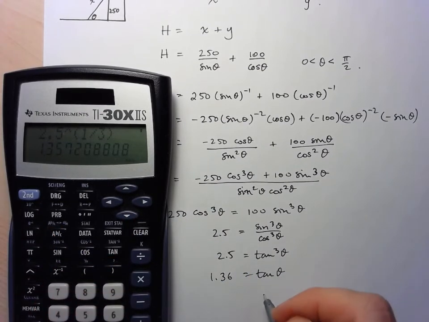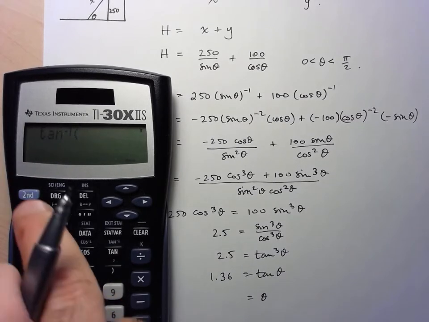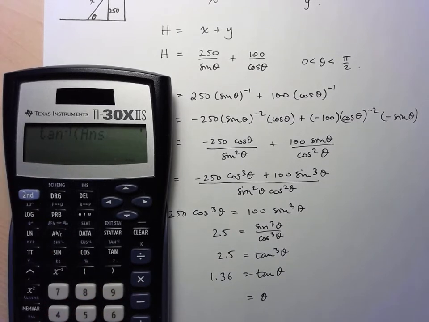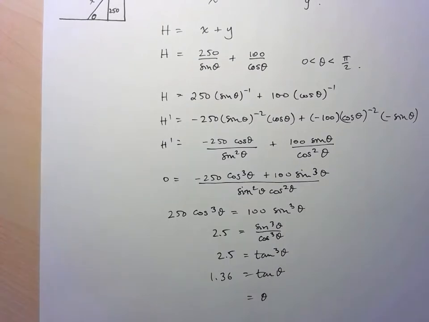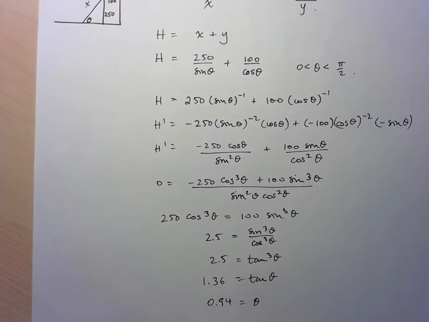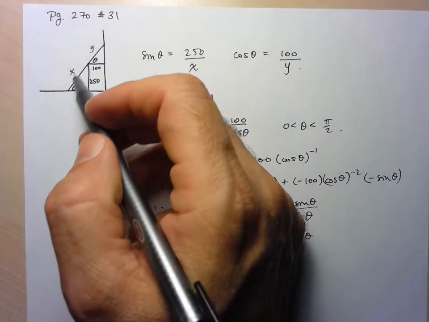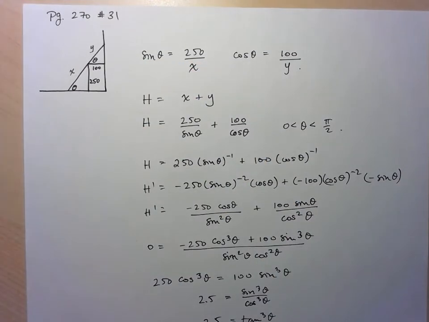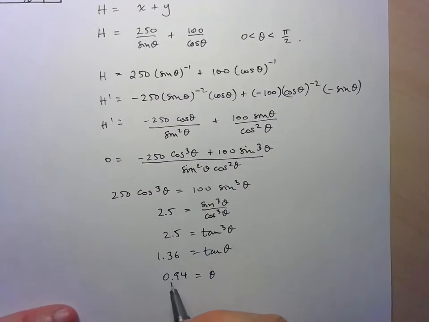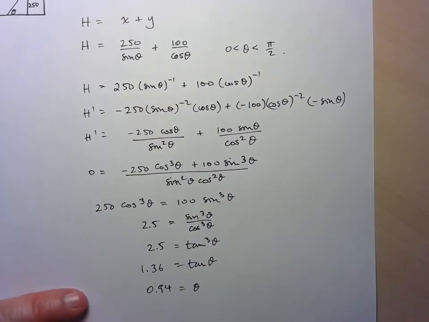Then I'm going to take tan inverse of that previous answer, and that gives me about 0.94. I'll keep 2 decimal places, so 0.94. So it looks as though the angle that's going to give us some optimal ladder height is the angle 0.94, but of course we have to check whether 0.94 actually represents a minimum.